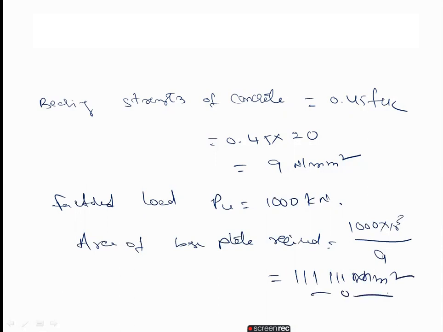Now you will convert this into the size of the plate. So now we got the area. For this area, I will provide around a 360 by 310 size of plate. How do we choose this 360 by 310?